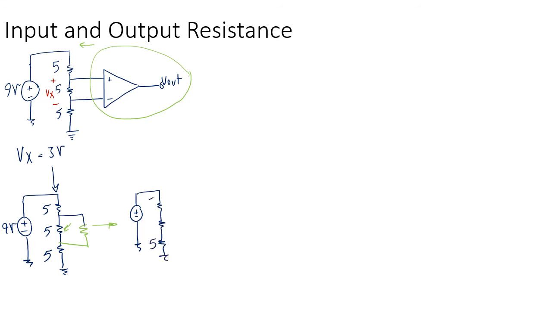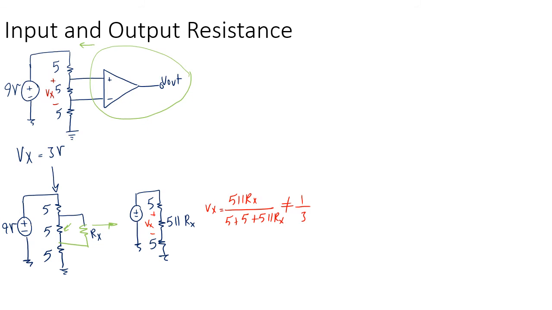So my circuit is going to look like this. 5 here, 5 there, and here I'm going to have 5 in parallel with, let's call this Rx. So the voltage that I was interested in is going to be something other than 3 volts, right? So Vx is going to be 5 in parallel with Rx over 5 plus 5 plus 5 in parallel with Rx. This is not 1 over 3. How could it be 1 over 3?